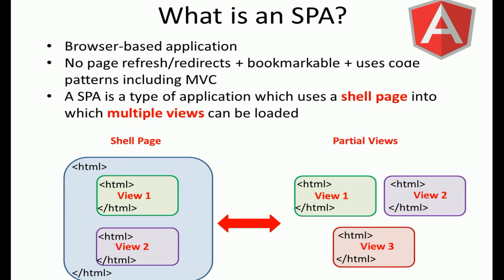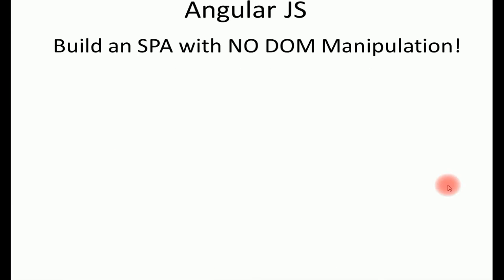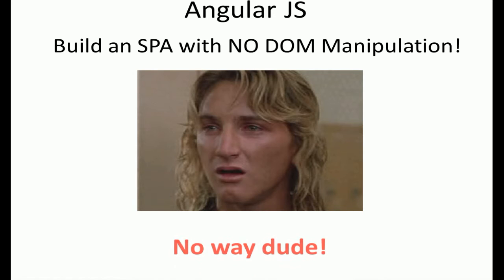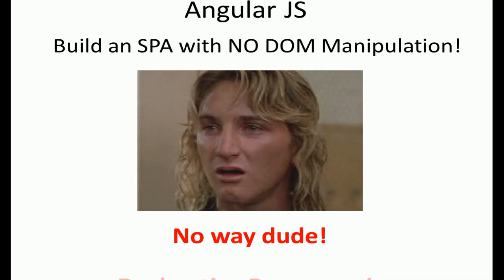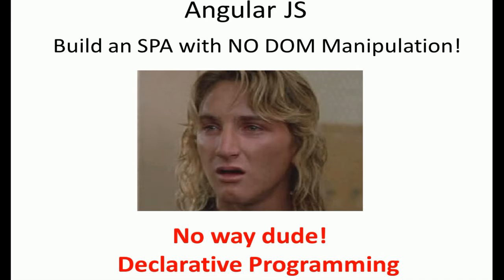HTML fragments or partial views are injected directly into the already loaded shell page. Using the Angular MVC framework, building a single-page application can be accomplished with virtually no DOM manipulation at all. How is this possible? With declarative programming.